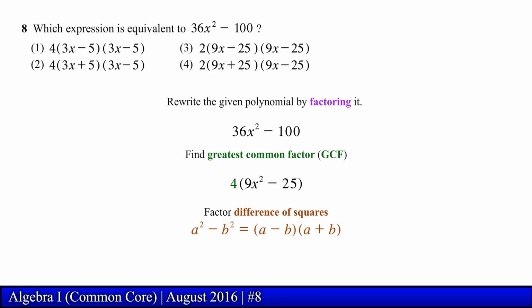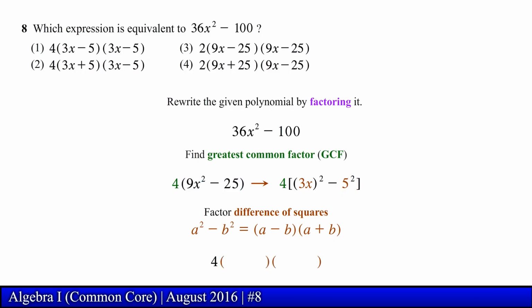At first glance, the expression 9x squared minus 25 might not seem to match this special factoring formula, but by rewriting the first term as the quantity 3x squared and the second term as 5 squared, we can now clearly see that this expression is a difference of squares, with the value of a from the formula being equal to 3x, and the value of b in the formula being equal to 5.